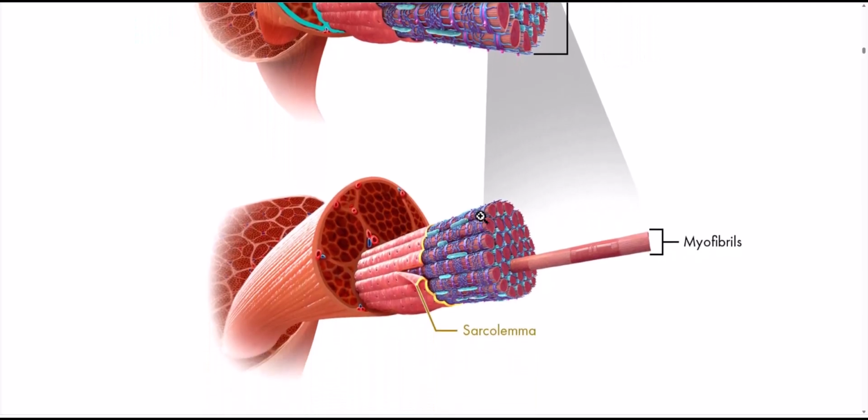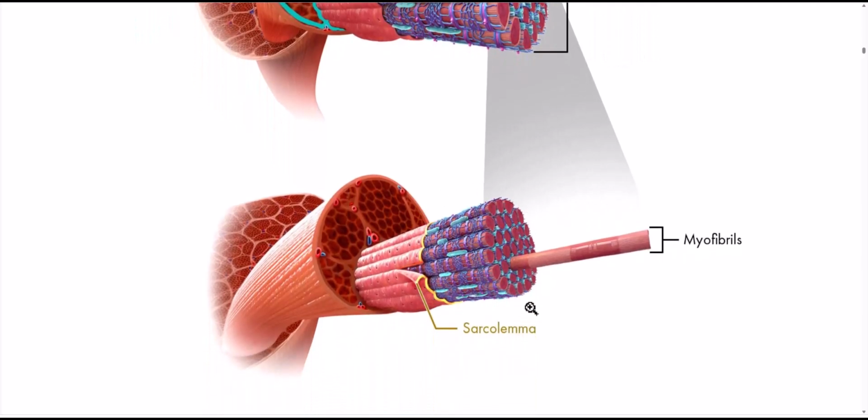So coming down here, we see the muscle cell itself, and the muscle cell itself is full of a specialized organelle called a myofibril. Now, myofibrils, that's a new term for us.